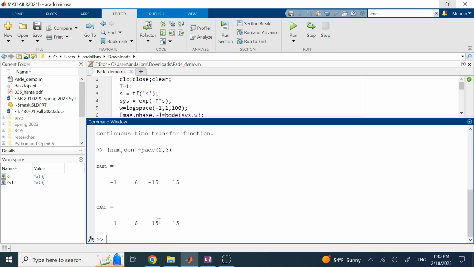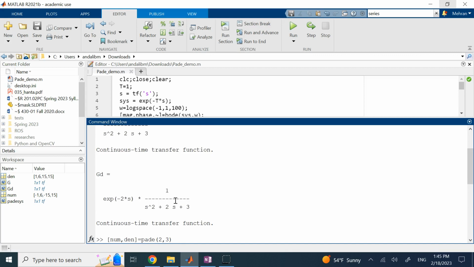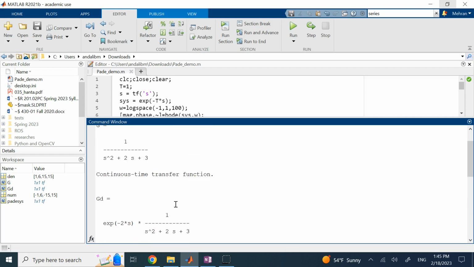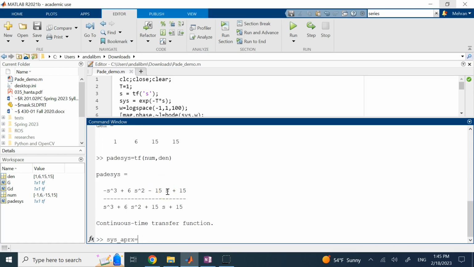The order is 3. And then I say the Padé system equals the transfer function of this numerator and denominator, right? And then my approximated system is equal to the original system, which in this case is G, the system without that exponential, times this Padé system, right?